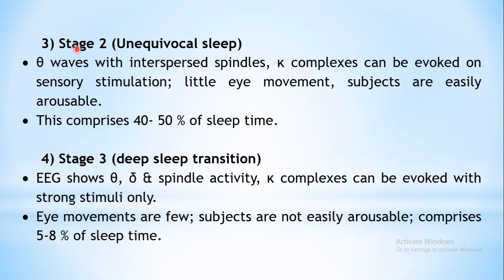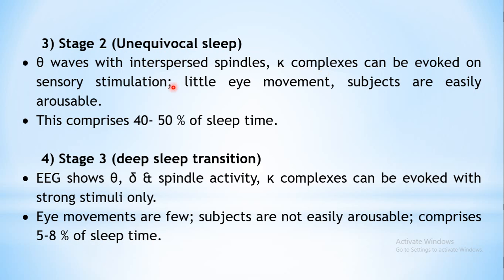Next, moving on to the third stage, that is stage 2. This is also known as unequivocal sleep. Over here the EEG shows theta waves interspersed with spindles, and kappa complexes, which can be evoked only upon sensory stimulation.